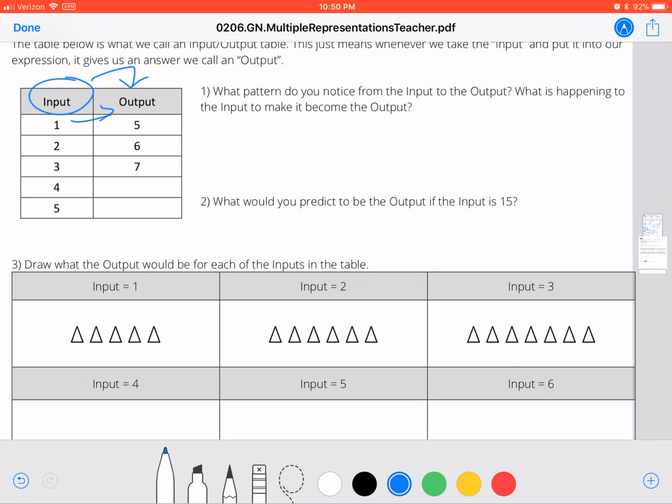So instead of 1 times 5, my other option is plus 4. If I do 2 plus 4, does that give me 6? Yep. 3 plus 4, does that give me 7? Sure does. So what pattern do we notice from the input to the output?